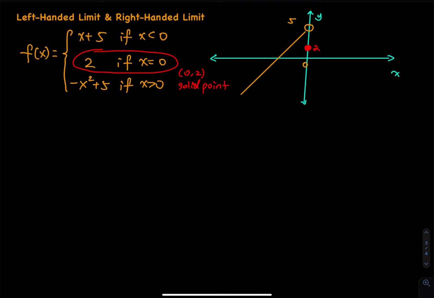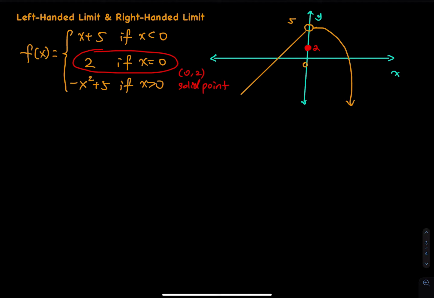And then we have a parabola that opens down because we have a negative in front of the x squared plus pi. So that is a parabola that opens down, and then we shift the vertex up. And the last piece looks like this. So that's the parabola.